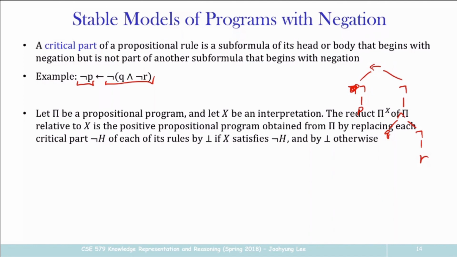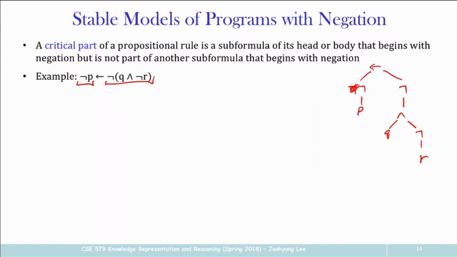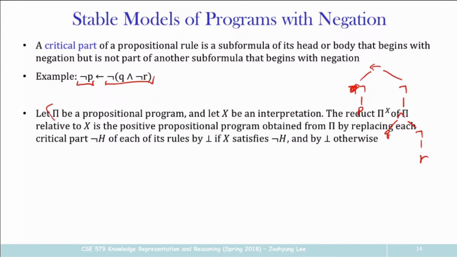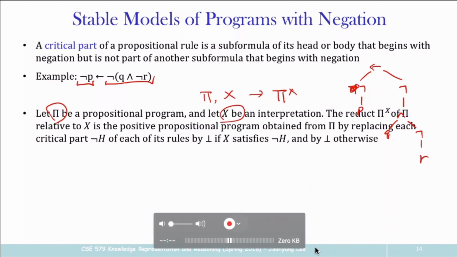Now, we are given this pi as a propositional program, and we have some x, which is an interpretation. We are going to transform the program pi into another program, which we call the reduct. Using pi and x, we construct a new program called the reduct, denoted by pi superscript x.